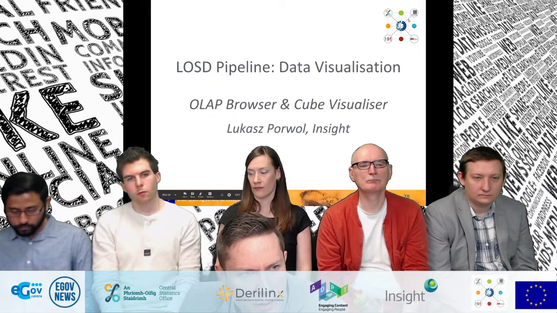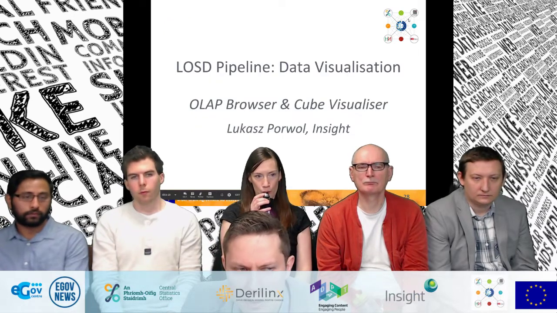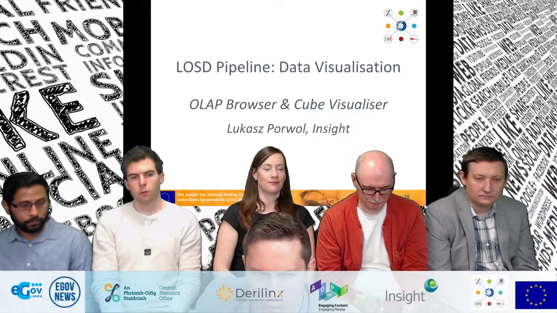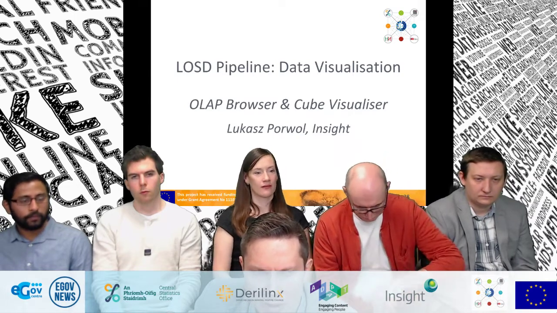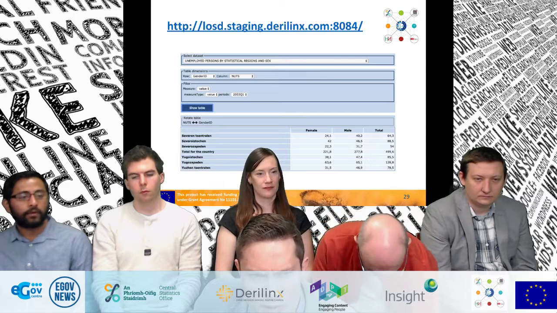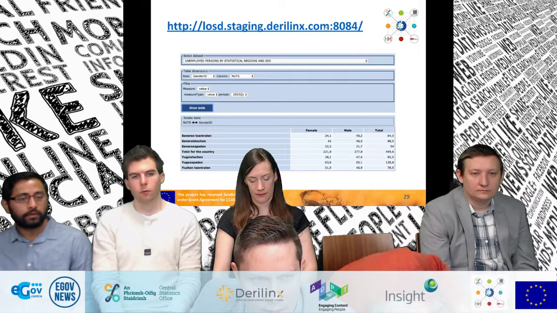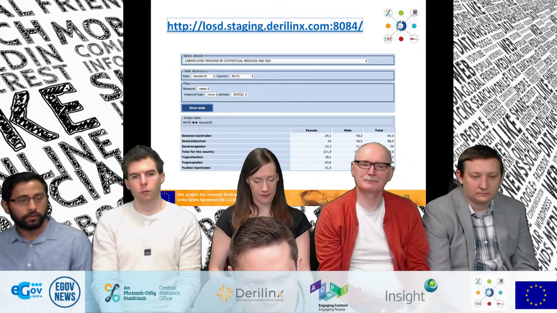So we have two tools, OLAP Browser and Cube Visualizer, that enable us to explore the linked open statistical data in a slightly different way. The first tool we're looking at is the OLAP Browser, and I will open a live demo for you right now.